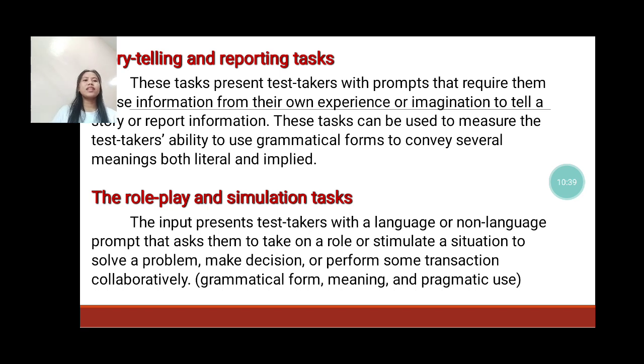The next one is storytelling and reporting tasks. These tasks present test takers with prompts that require them to use information from their own experience or imagination to tell a story or report information. So this task can be used to measure the test taker's ability to use grammatical forms that convey several meanings, both literal and implied.